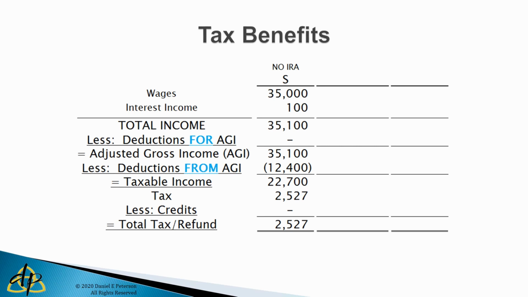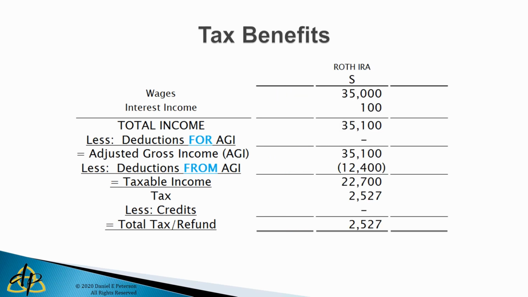With their taxable income of $22,700, they experience a total tax of $2,527. If that individual was to make a Roth contribution for themselves, they do not get a deduction for that Roth contribution, and so their tax is unchanged.